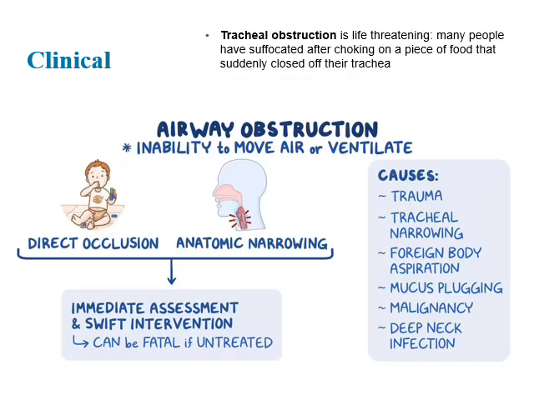So here's another homeostatic imbalance, which is what we call tracheal obstruction. It is a narrowing of the trachea and can be a serious and potentially life-threatening condition.